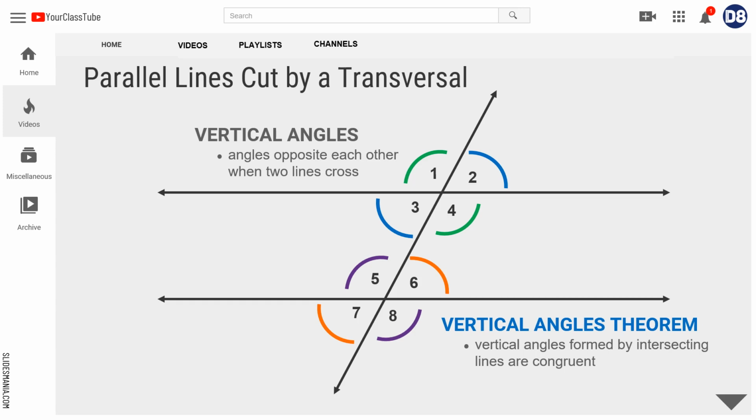Angle 5 and angle 8 are vertical angles, and angle 6 and angle 7 are also vertical angles. Based on the theorem, angle 1 is congruent to angle 4. Angle 2 is congruent to angle 3. Angle 5 is congruent to angle 8. And angle 6 is congruent to angle 7. Again, when we say congruent, they have the same measurement.